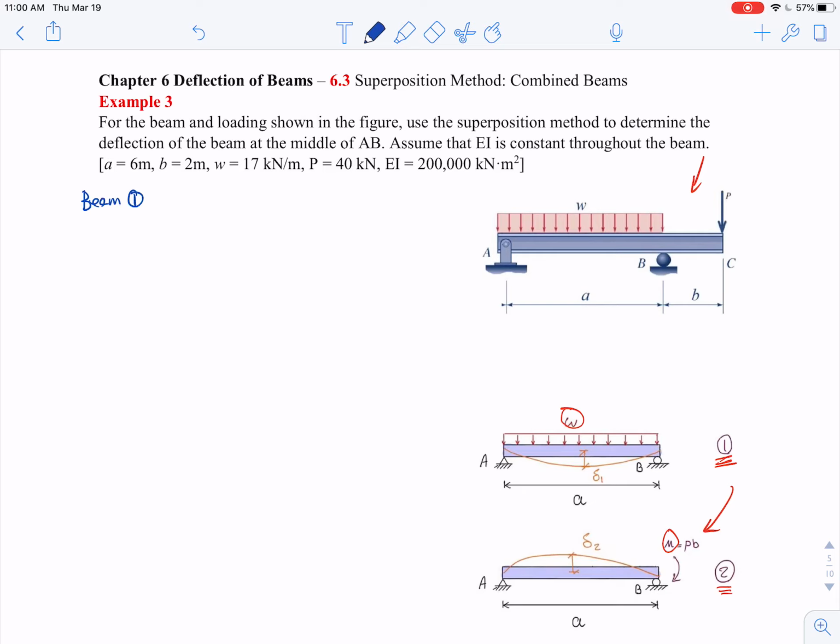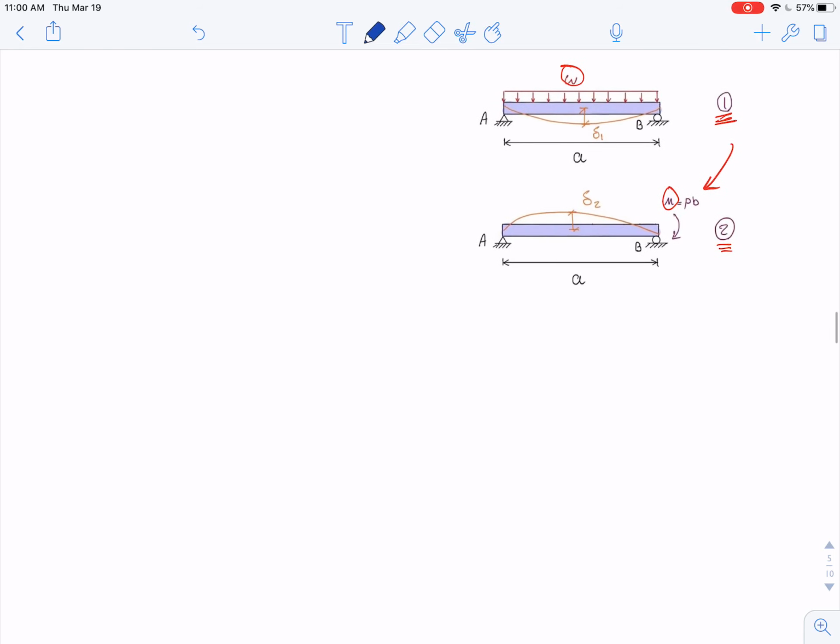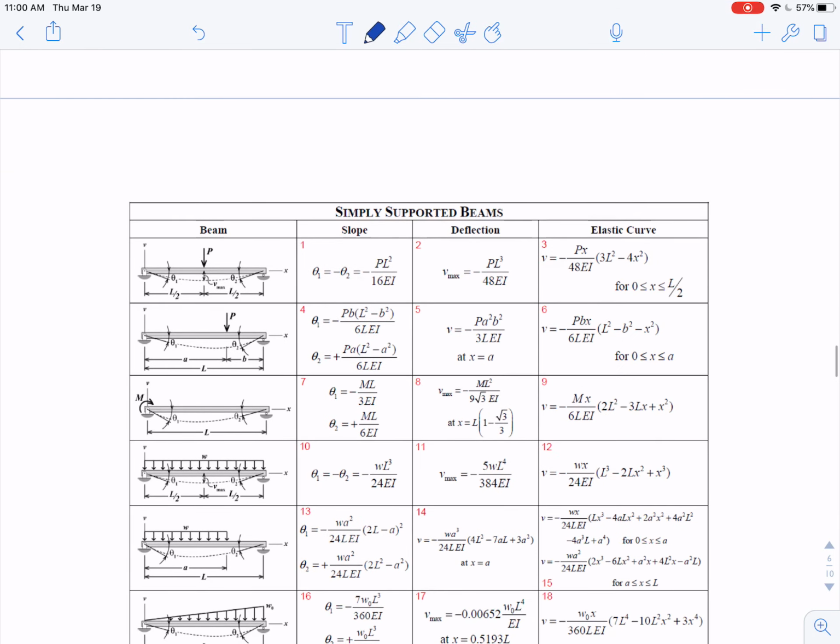For beam 1, it's a simply supported beam subjected to a uniformly distributed load. In the table, we can find this is this one, this beam.